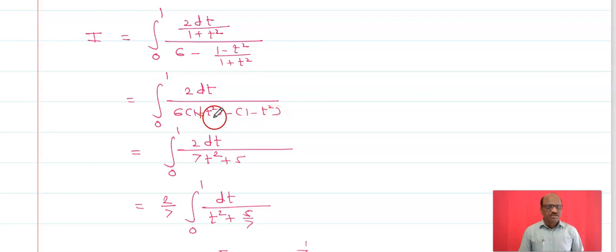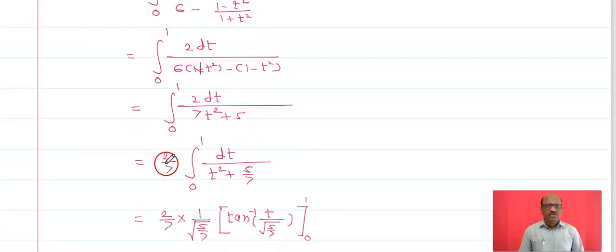And therefore you will get 6 t square, minus minus will become plus, that is plus t square, that will be 7 t square. Here 6 minus 1, 6 minus 1 is 5, and therefore the integral from 0 to 1 of 2 dt upon 7 t square plus 5.